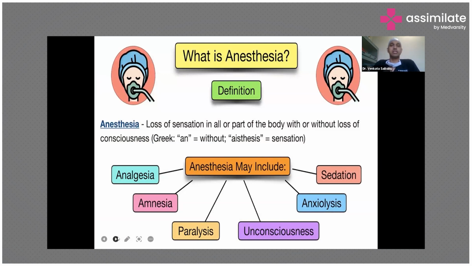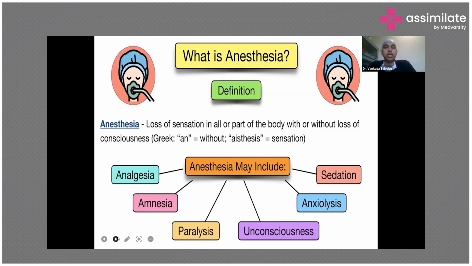Anesthesia is basically loss of sensation in all or part of the body, with or without loss of consciousness. Its components include analgesia, meaning the patient should not have any pain while being operated on. Amnesia: the patient should not remember anything that happens during the surgery. Paralysis: we need a calm, still, unmovable patient for the surgery. Unconsciousness: the patient should not be conscious.